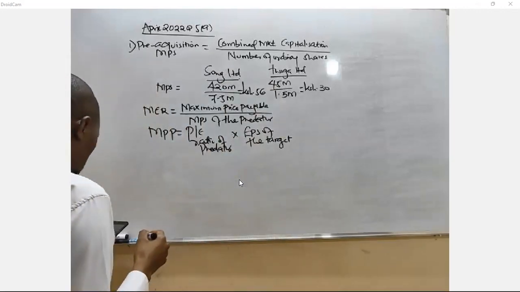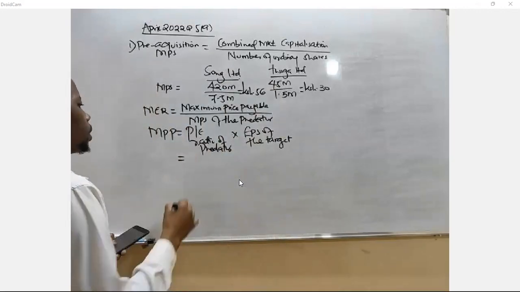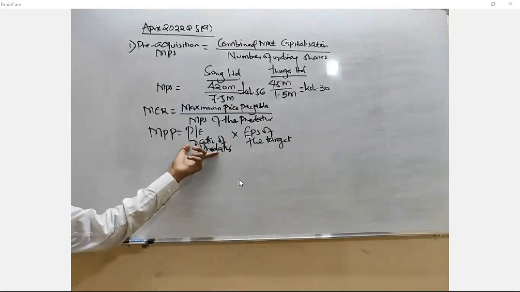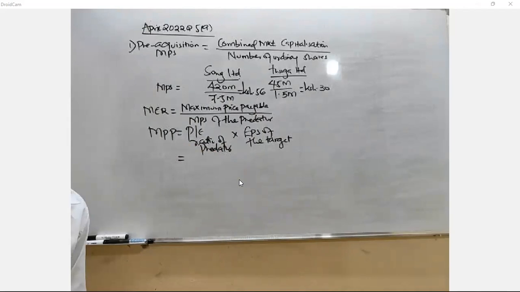So do we have the P/E ratio? We remember the formula for the computation of the P/E ratio, the market price per share over the earnings per share. You can see we are already given the earnings per share there, and the dividends per share are provided. But the question is, have they provided the market price per share?